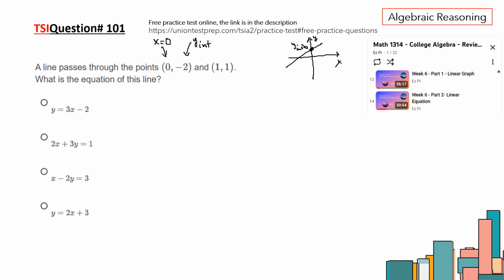For the equation of a line, or linear equation, that will be y = mx + b. b right here is the value of the y-intercept, (0, b), and m is the slope. This is the y-intercept and this is the slope.